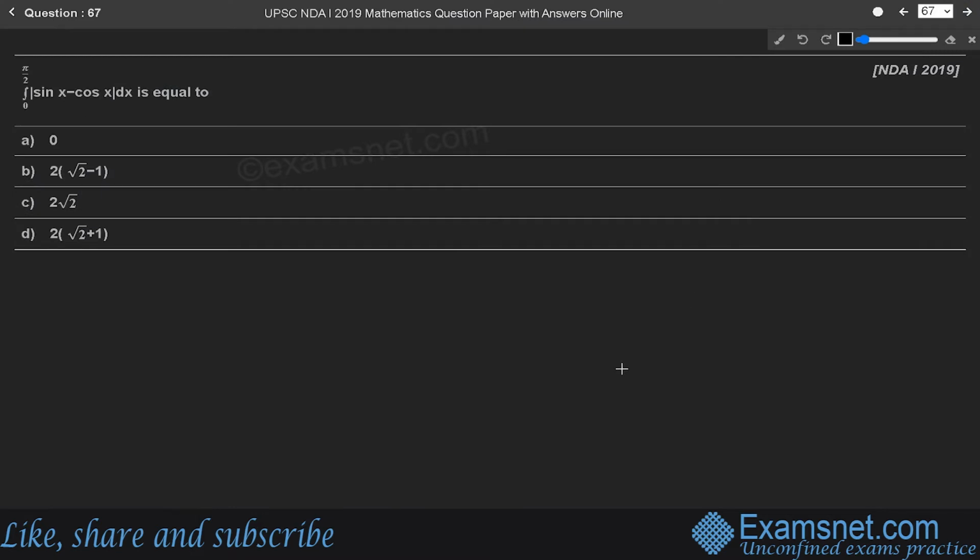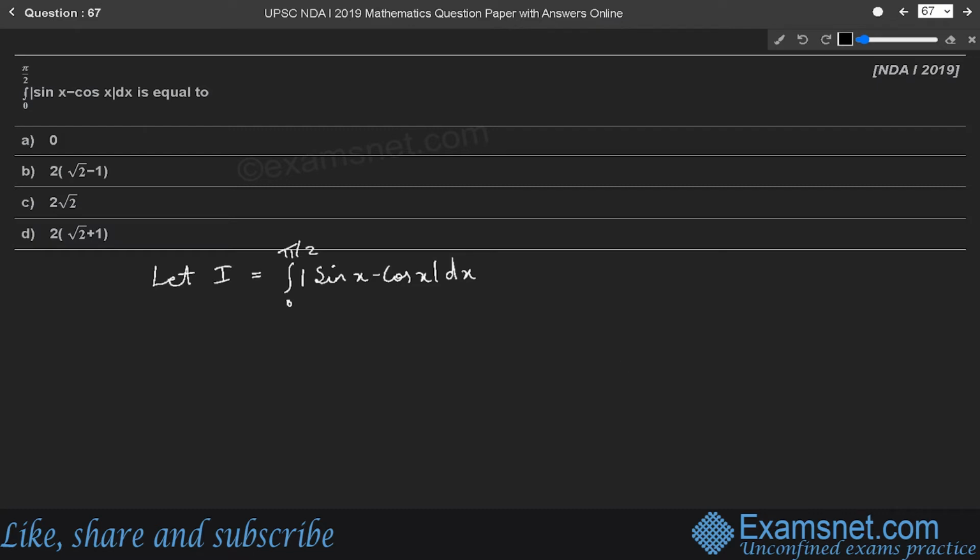Next question is integration of 0 to pi by 2 modulus of sin x minus cos x dx is equal to. We have to find the value for this question. So let I is equal to the given expression.